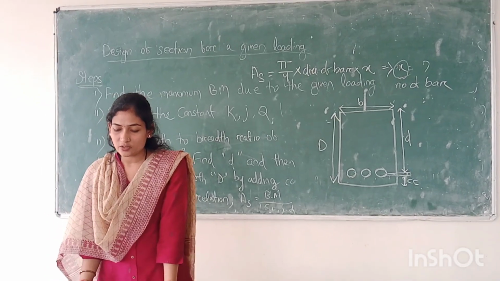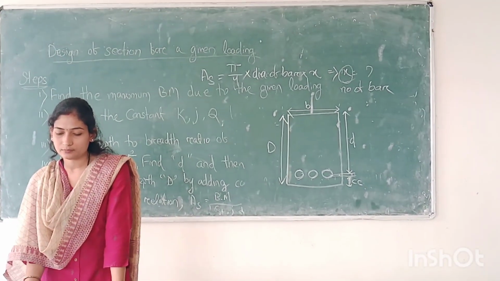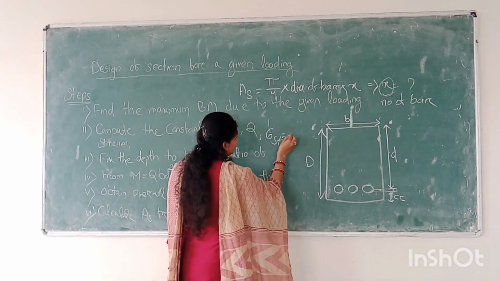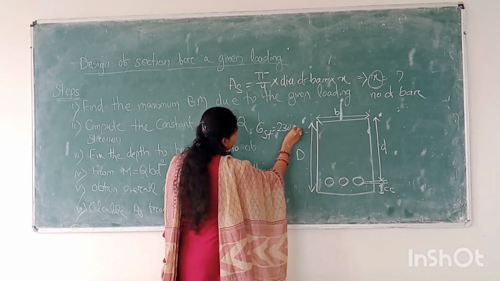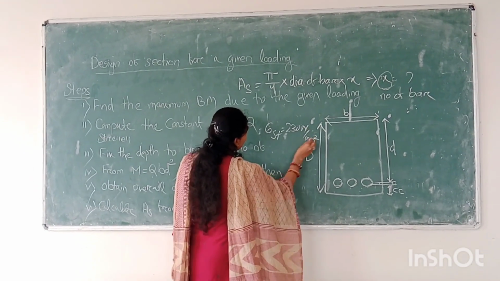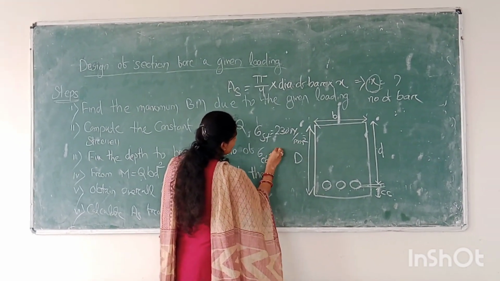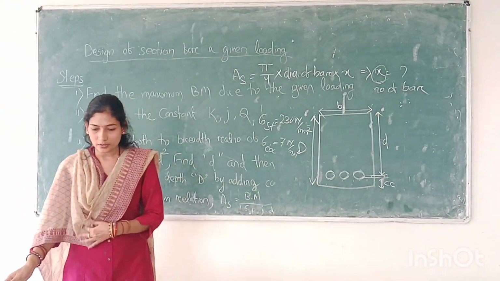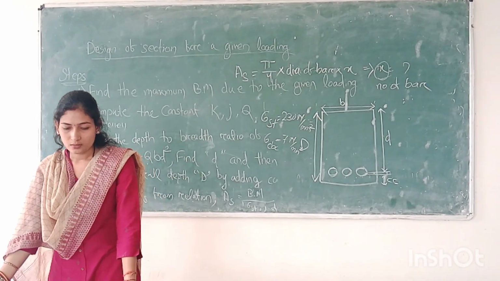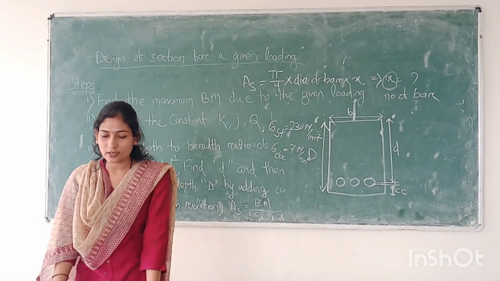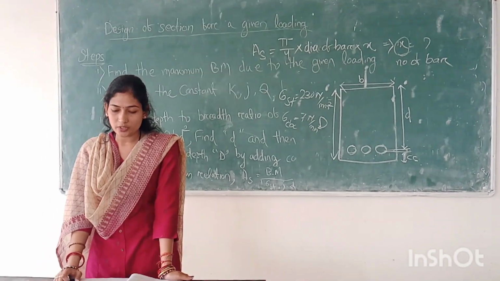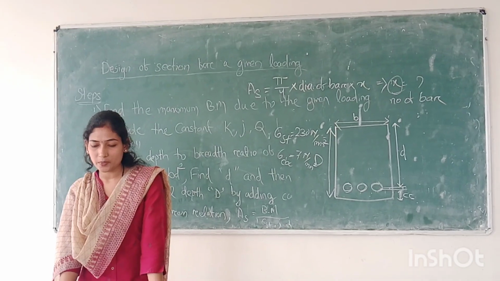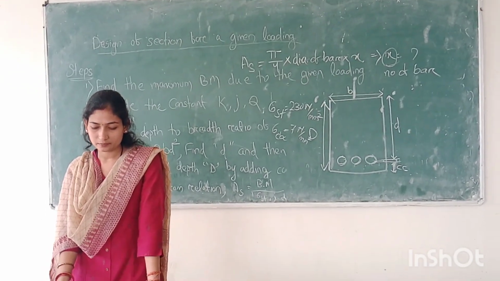The stresses in steel and concrete are, that is sigma st equals 230 Newton per mm square and sigma cbc equals 7 Newton per mm square respectively.